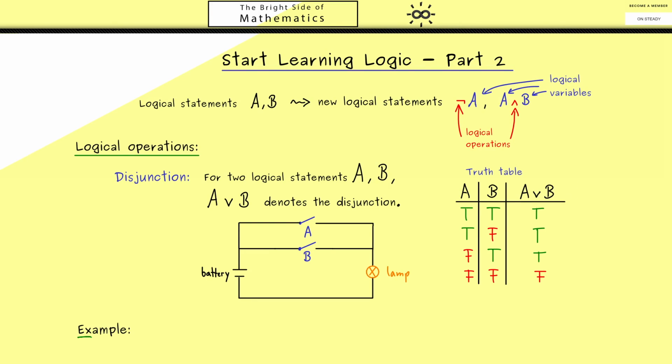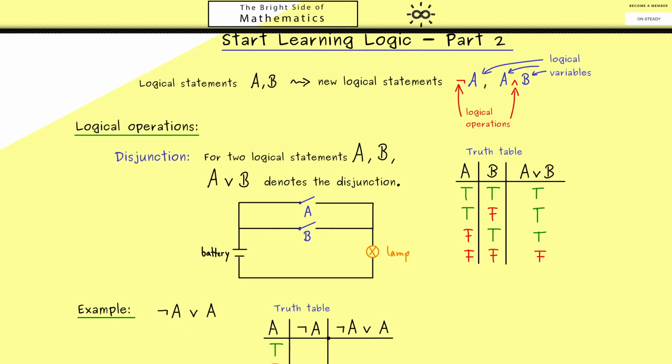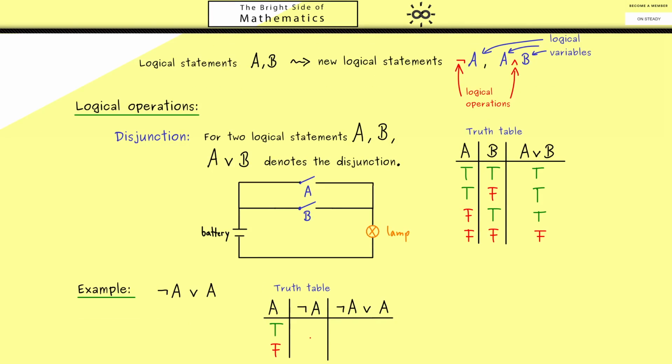So let's consider a simple example here. What about not A or A? Here you see what we usually assume is that the not operator binds closest, therefore we don't need any parentheses here. Now in this example our combination just has one logical variable, which means our truth table just needs two rows. Okay, so let's fill that in.